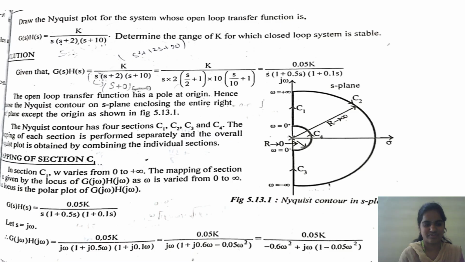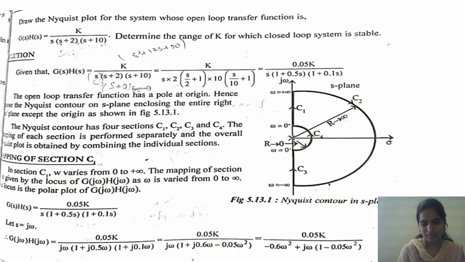Earlier we know that G(s)H(s) is equal to 0.05 K by s into (1 plus 0.5 s) into (1 plus 0.1 s) in the s plus 1 form. Let us convert by substituting s equals j omega. G(j omega)H(j omega) equals 0.05 K by j omega (1 plus j 0.5 omega) into (1 plus j 0.1 omega).